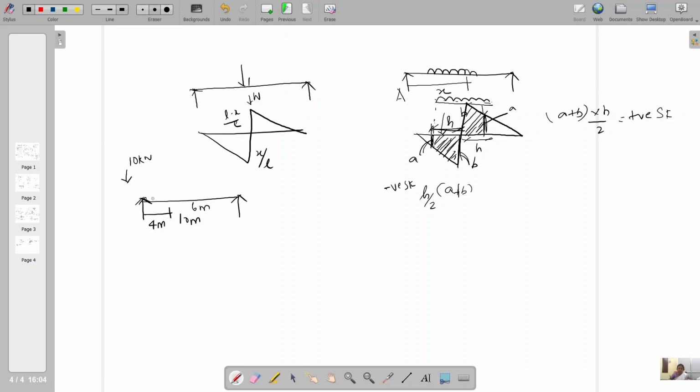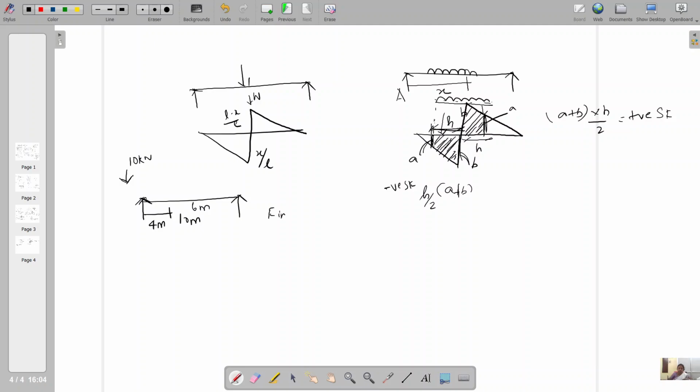I am not placing the load in the span of the beam because it is a moving load. So we have to consider the load is moving from left to right side. We don't know where we have to place it. Only the sectional details given in the problem, then only we can place the load. So I am hanging the load here, 10 kilonewton. Here I am giving the sectional details.